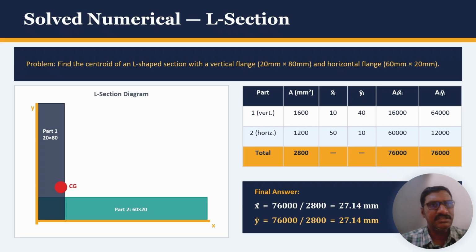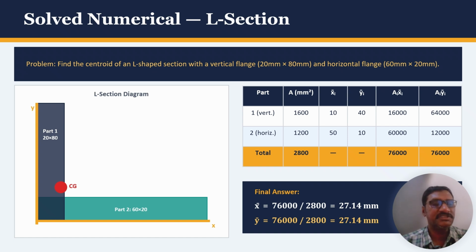Now this is the most interesting part of this result. Look at the diagram on the left. The centroid is at 27.14, 27.14. If you plot this point on the L section, you will find that it falls in the empty space inside the L section, not on any solid material.